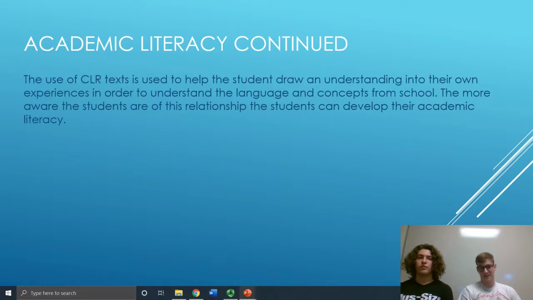The use of CLR text is used to help the student draw an understanding into their own experiences in order to understand the language and concepts from school. The more aware the students are of this relationship, the more students can develop their academic literacy.